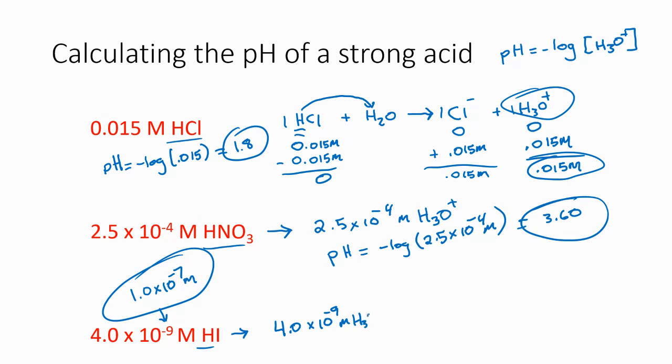And I can find the pH, or at least I think I can find the pH by taking the negative log. So if I say negative log of 4 times 10 to the minus 9, I get a curious answer. Negative log 4 times 10 to the minus 9.